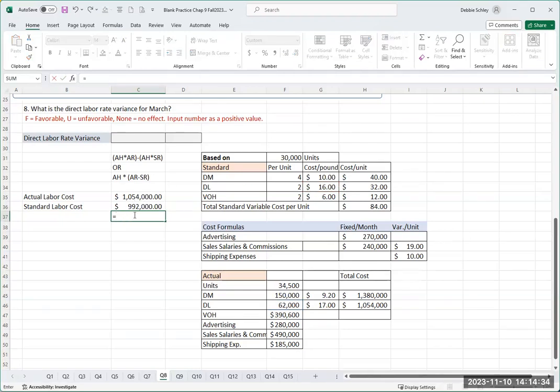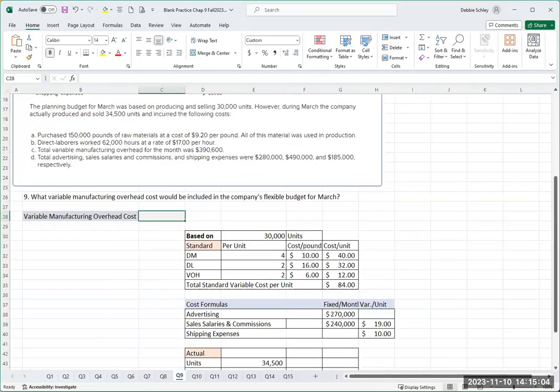And so then I subtract actual labor cost minus the standard labor cost allowed. And so that variance is going to be equal to $62,000. And what actually happened was more than what I thought should happen. And so that is unfavorable because I spent more on labor than I had planned. So that is unfavorable.